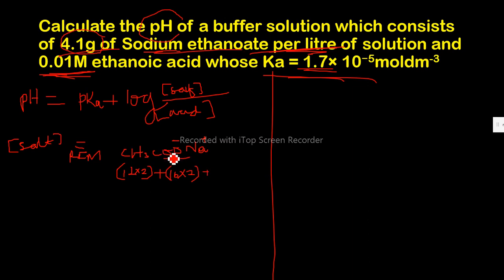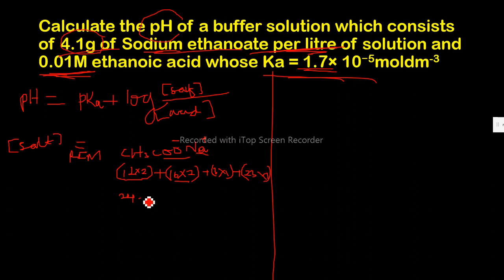Plus, we are remaining with the 3 times 1, plus 23. I'm just calculating the RFM. So what is the answer? This is 24.